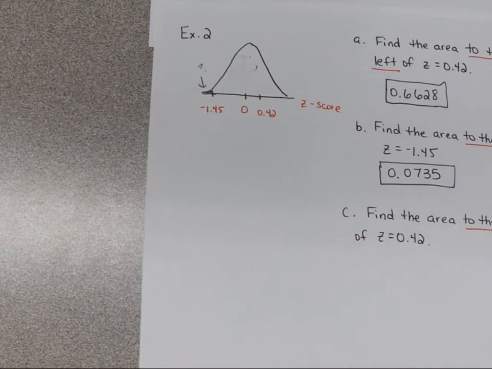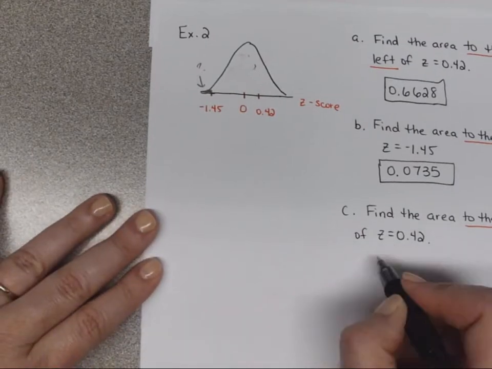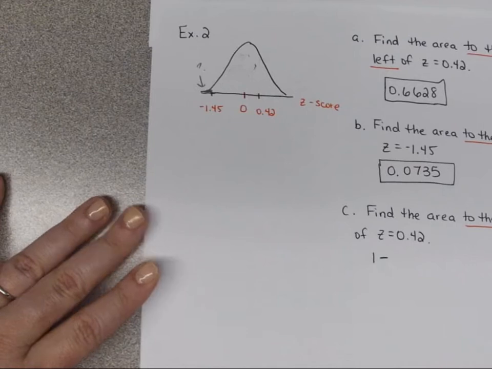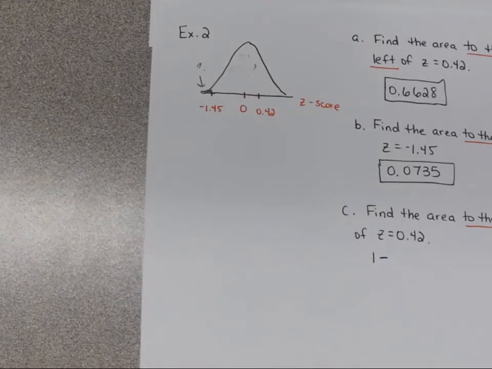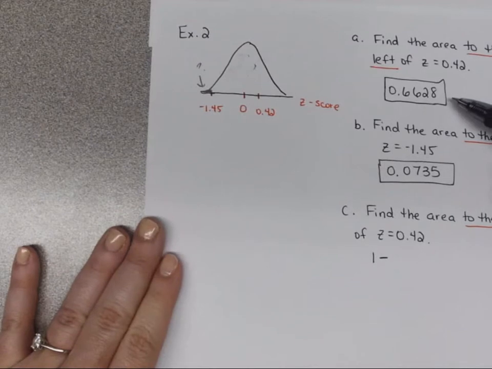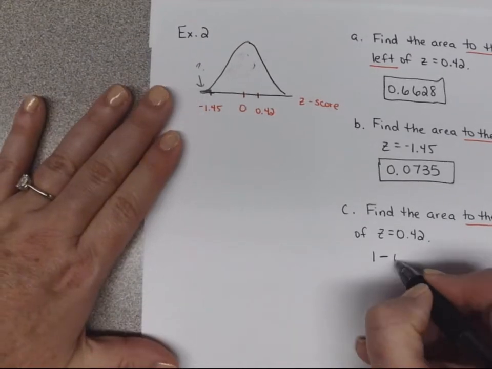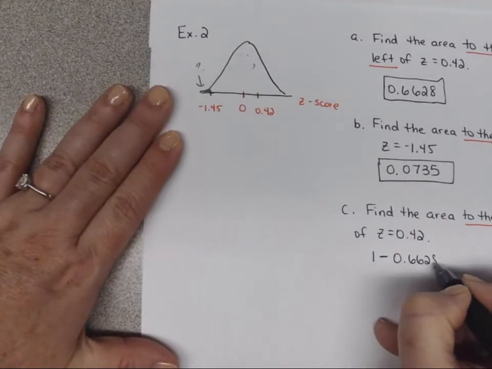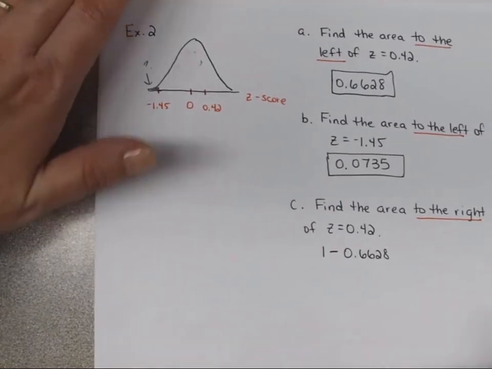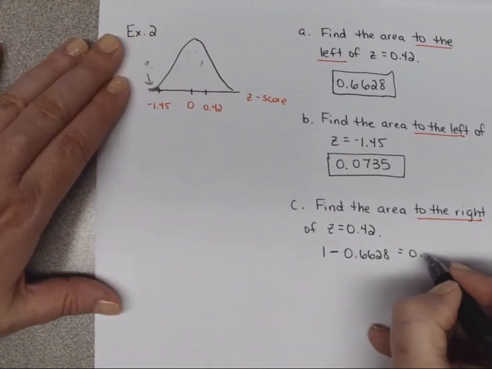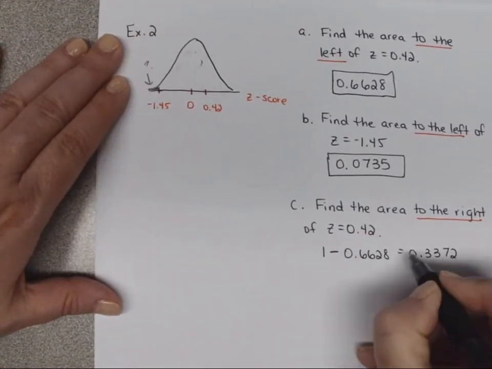In other words, since it normally reads to the left, I'm going to need to do 1 minus whatever value I find. Now again, we already found this value, right? You could use your chart again, but we found the value that was to the left here. So you're just going to do 1 minus the 0.6628. So it's 0.3372.